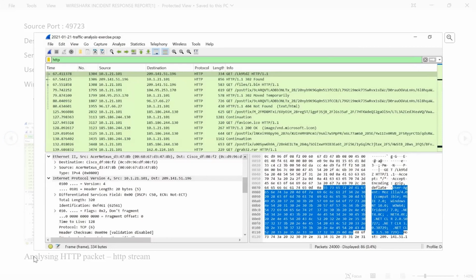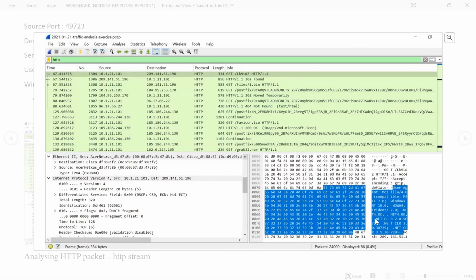Okay, you see details of what I used. When I opened the HTTP stream, I got details. The user agent was Mozilla. The host IP address is 209.141.51.196. That very IP address was what I checked.